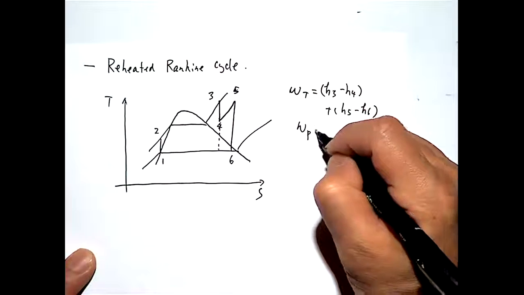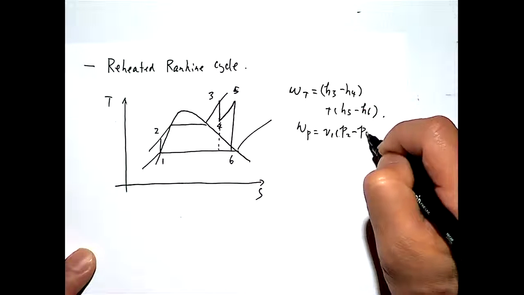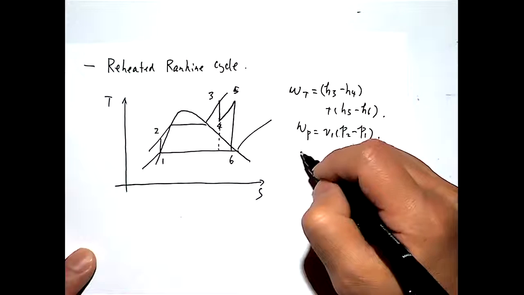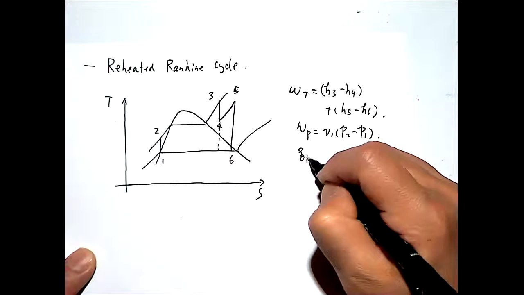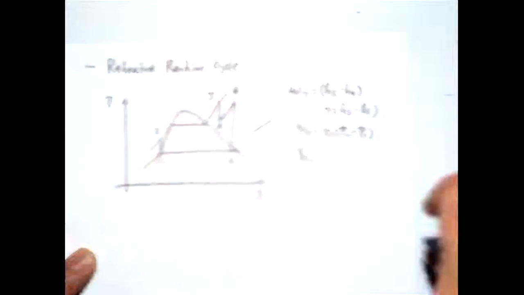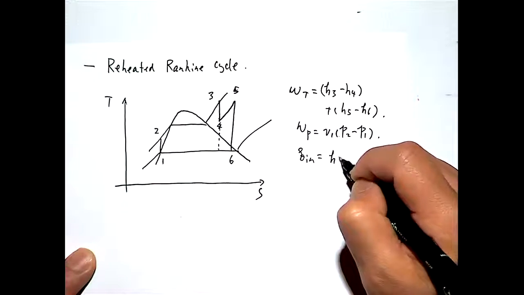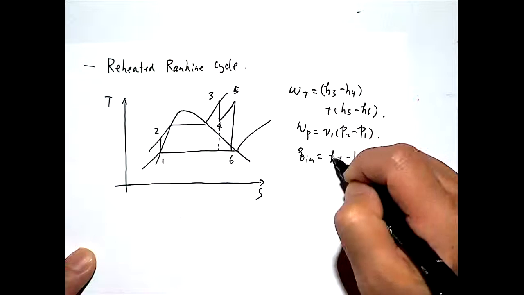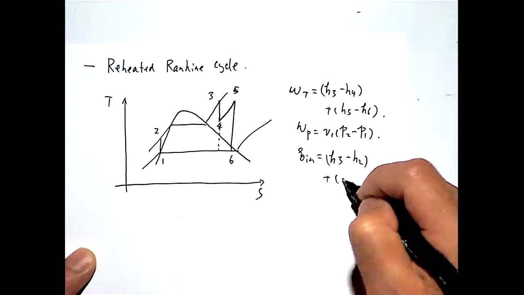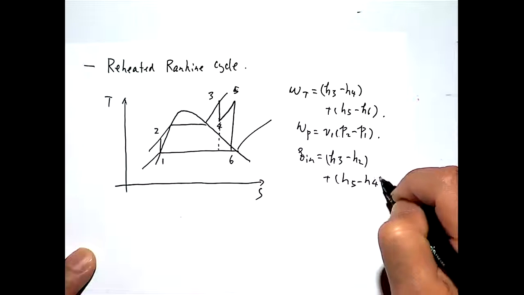The pump work is V1 times (P2 minus P1). And the heat input is also two parts, which is H3 minus H2 plus H5 minus H4.